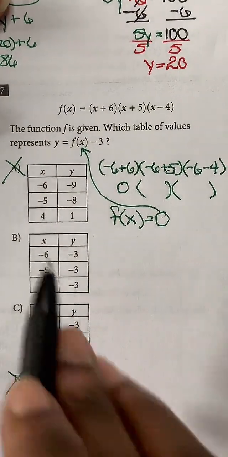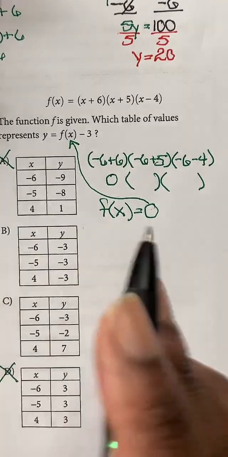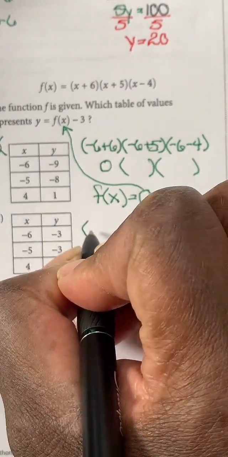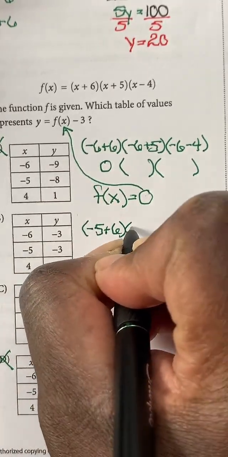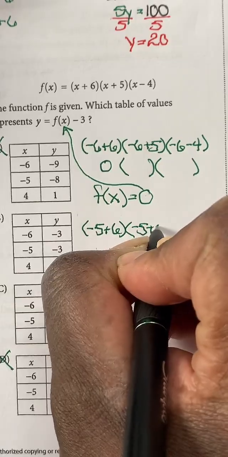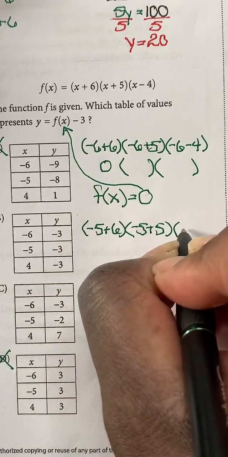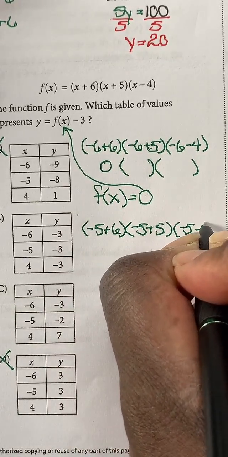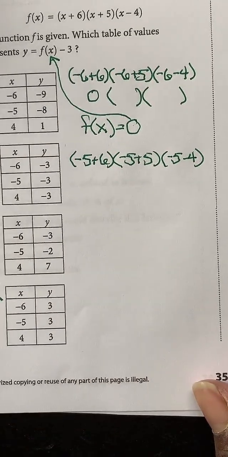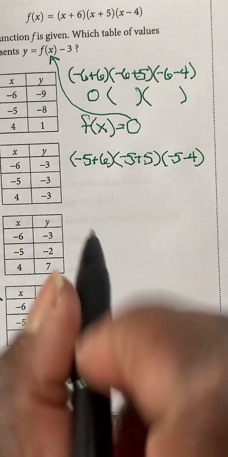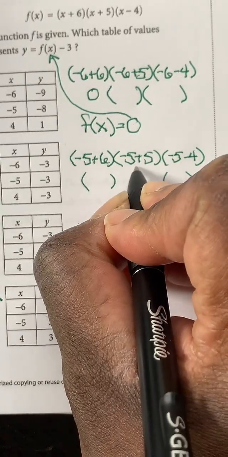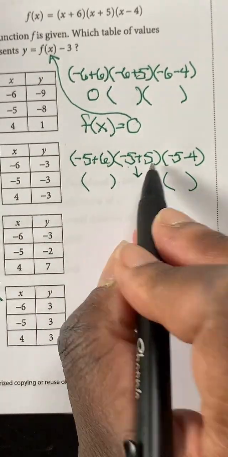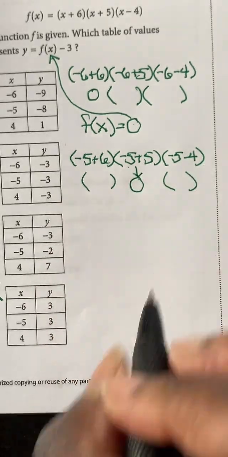If I try to do the same thing with the -5, this is what's going to happen. You have -5 plus 6, -5 plus 5, -5 minus 4. It doesn't matter what's happening with these two parentheses, because right here, -5 plus 5 gives me a 0.